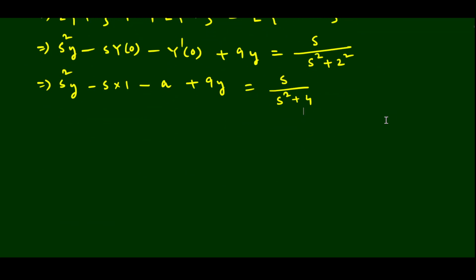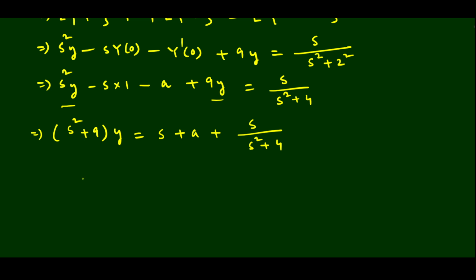Now on the left hand side, we have y terms, so let us take y common. Then we have s square plus 9 whole into y, and all the terms let us take on the right hand side: s plus a plus s divided by s square plus 4.